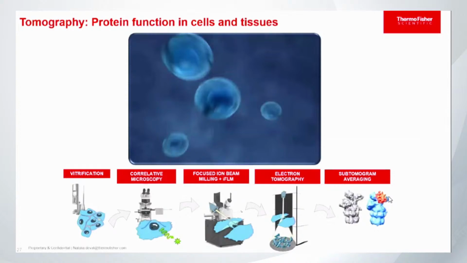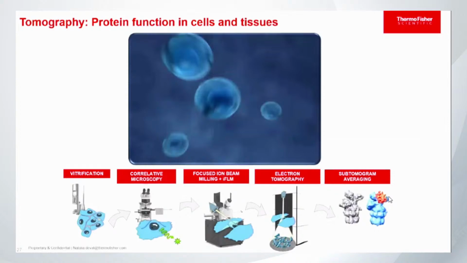As I said yesterday, the cells are very thick. If you try to go directly from the cell on the grid to the transmission electron microscope, you won't be able to see anything. It's going to be a black box in there, because the electrons cannot go through the whole cell since it's too thick.